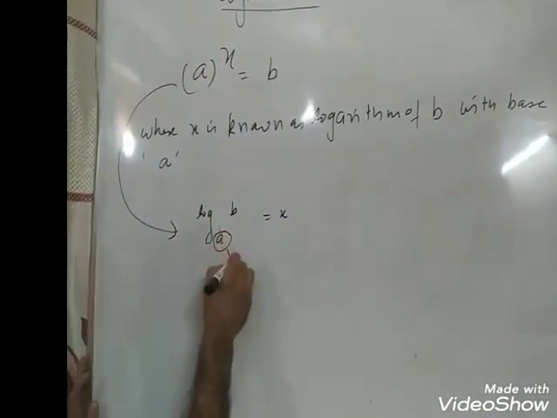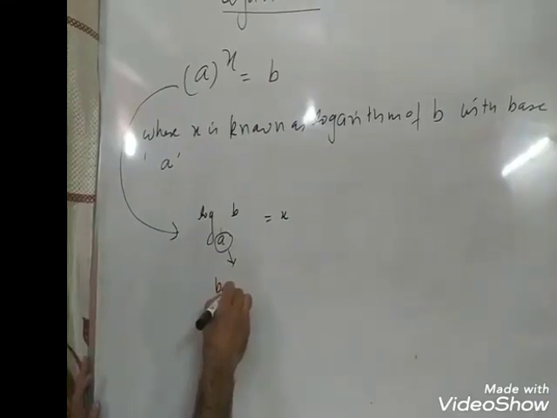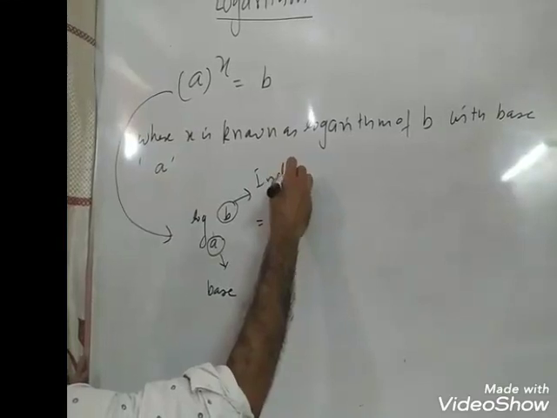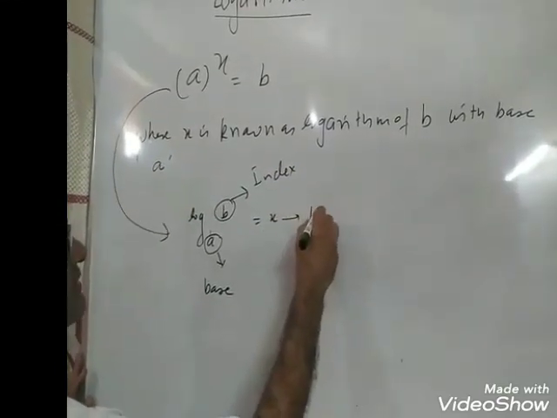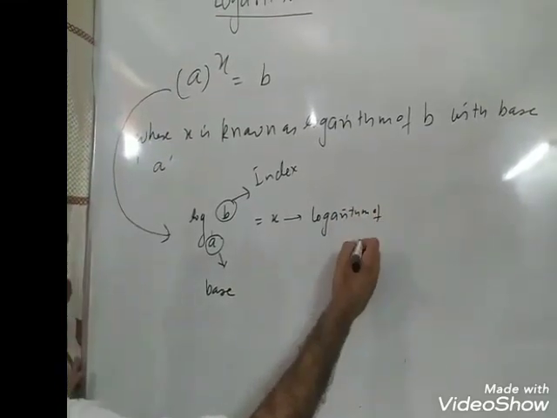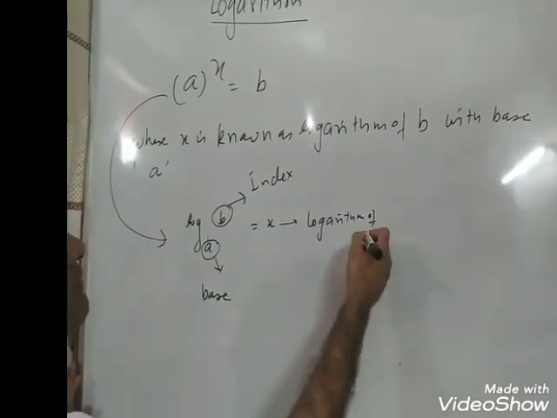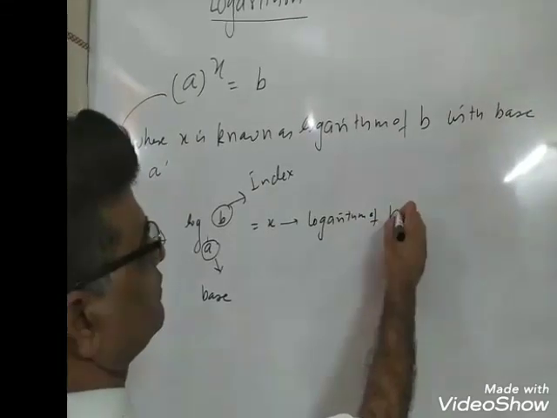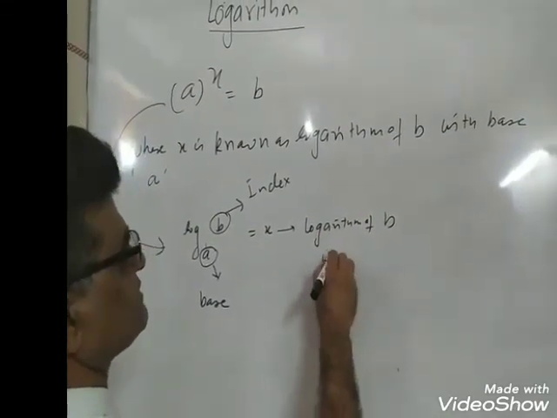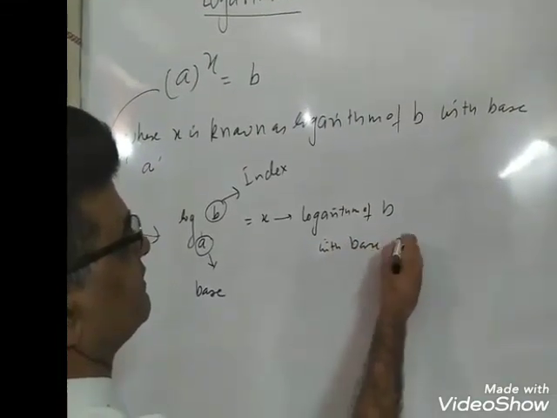This is known as the base, this is known as the index, and this is the logarithm of b with base a.